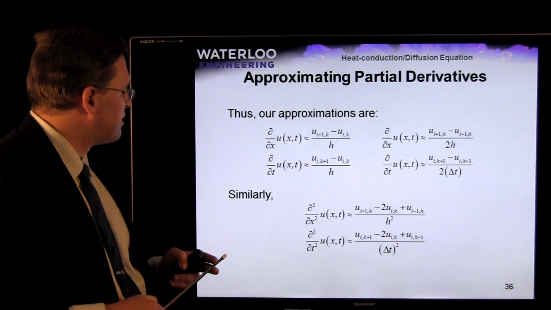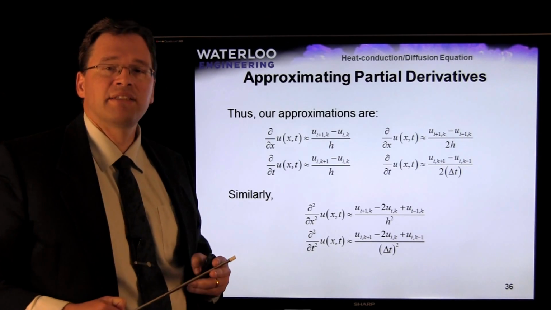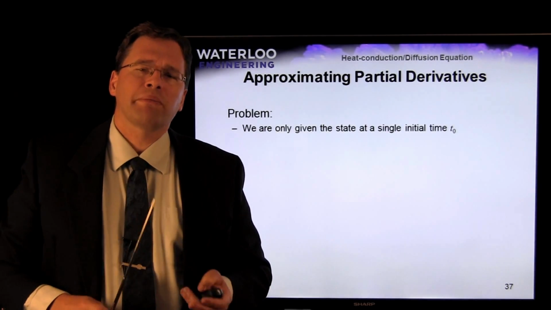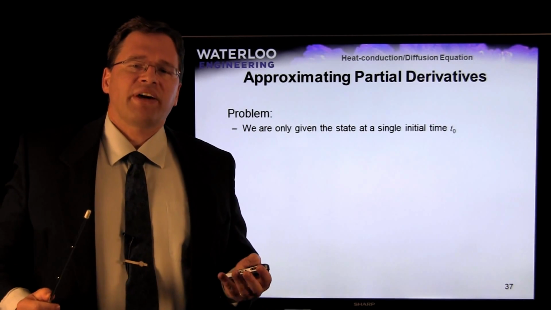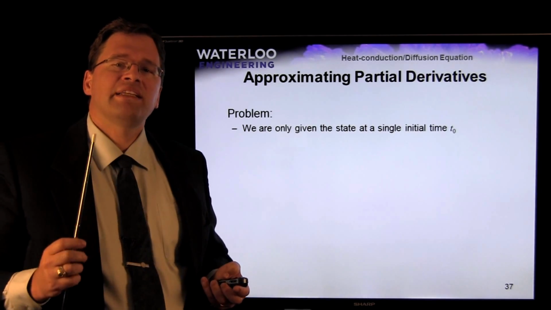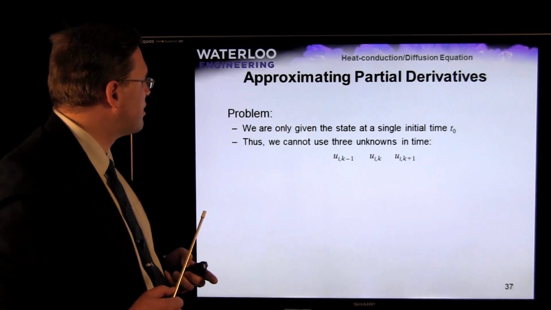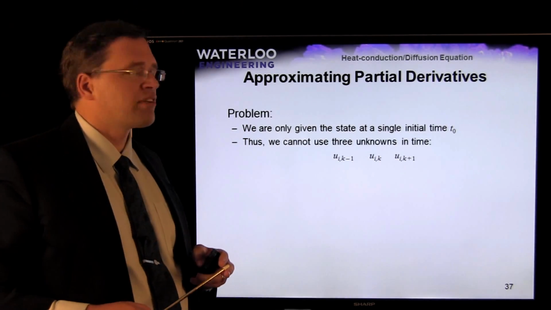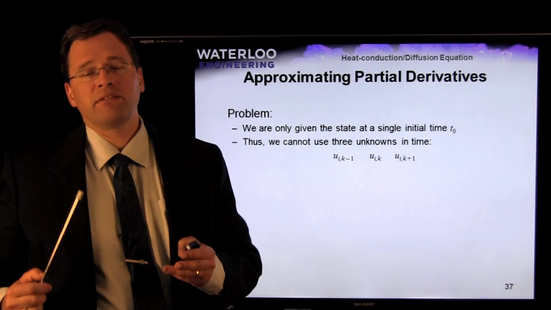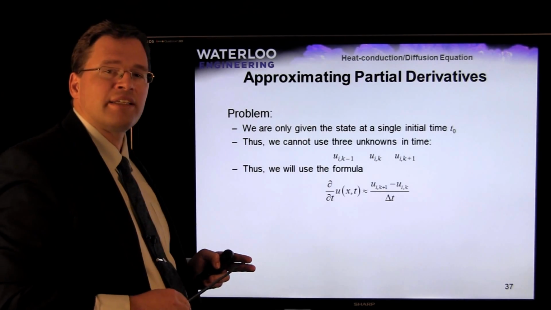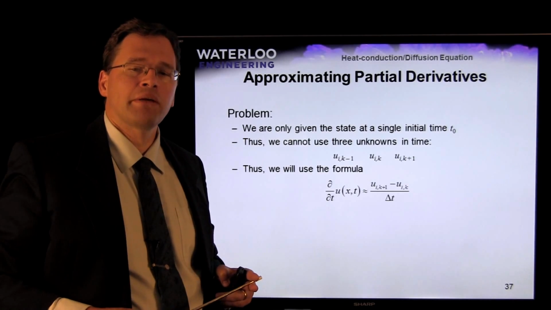Similarly, we can approximate the second partial derivatives. Now, one problem. We could use the centered divided difference formula, but we're only given the initial state at some time t naught. And thus we can't really use three different unknowns in time. We can only look forward. So we're going to use just the forward divided difference formula, at least initially.